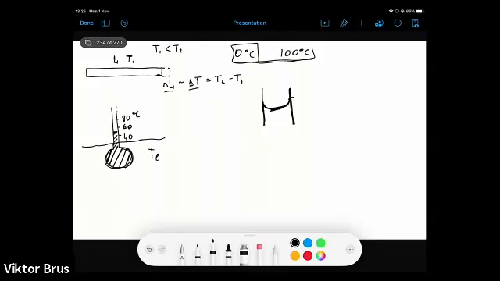And that's why there is some uncertainty in the accurate position of the interface between the area filled with alcohol and the empty area. So that will result in some error in measuring temperature.